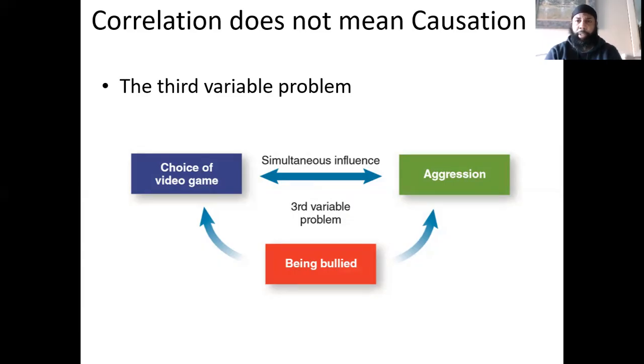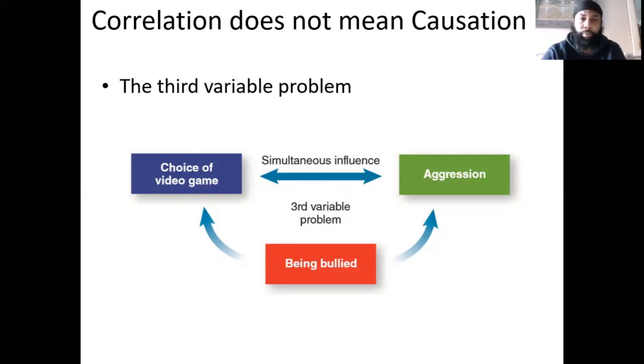So I've looked at my data and I have an R equals 0.7 between your playing video games and your levels of aggression. Now that I have that information, I need to start figuring out how to drill down into what's going on between these two variables. And that's where I start to do my experiment. That's where I start to look further into the issue.